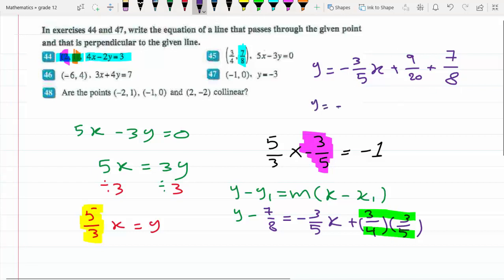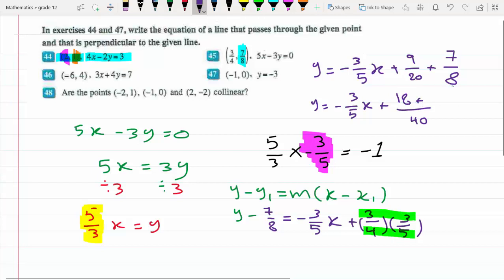So y equals negative 3 over 5x plus, what is the common multiple between 20 and 8? We can write 40 as the common multiple. How many 20s are in 40? 2. 2 times 9, 18.